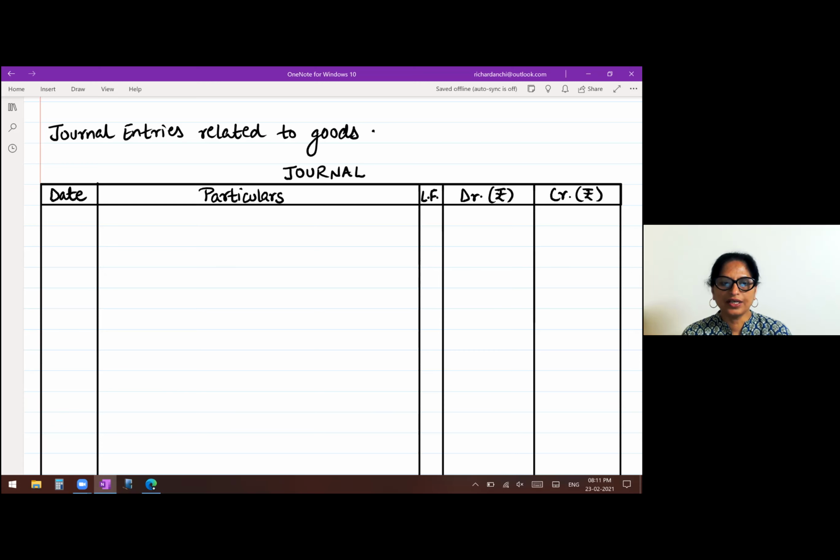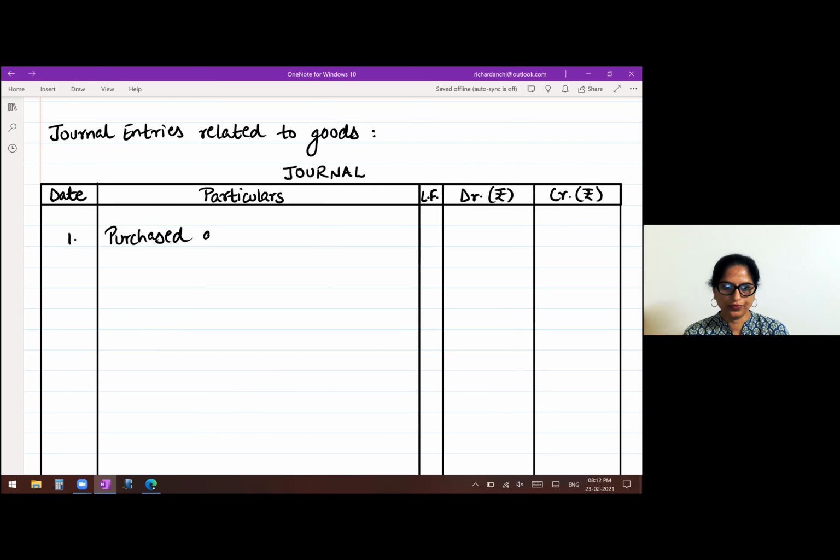Now we don't have dates, so we'll put serial numbers because we are only doing transactions related to goods. So only the serial number you will write in the date column. So the first one is purchased goods. You can write the transaction there so that you know the transaction and then the entry.